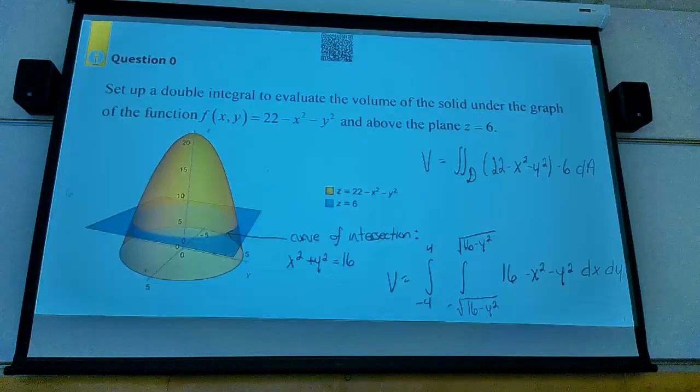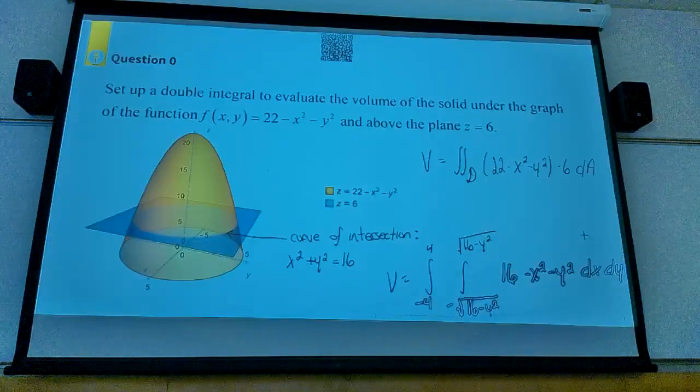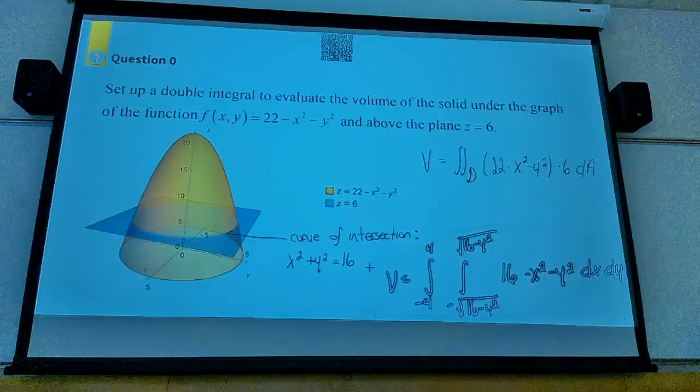Again, that is doable, but it is going to require a bit of algebra, and I believe it's going to require trig sub from Calc 2. So let's just copy this one, so I don't have to rewrite it.